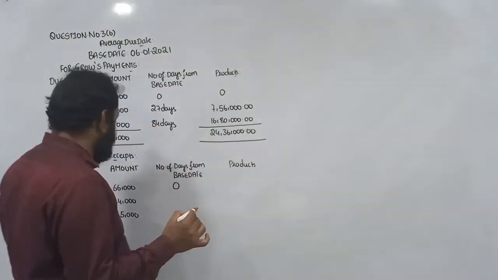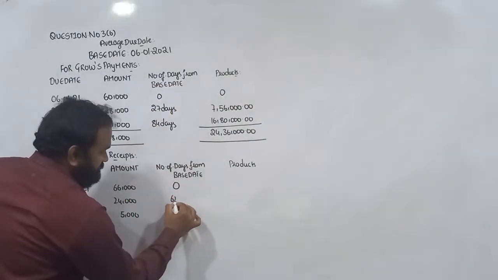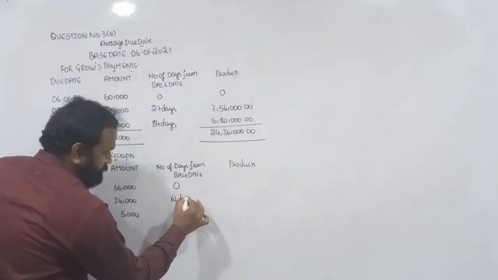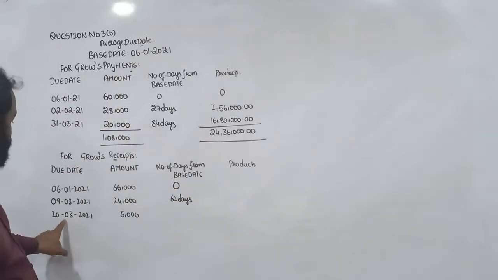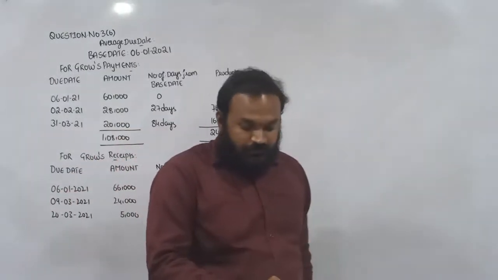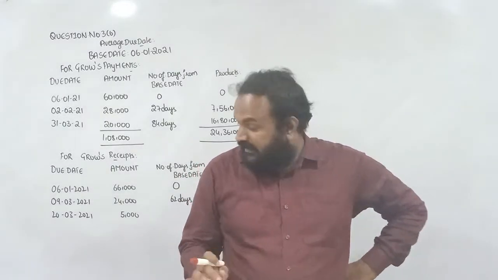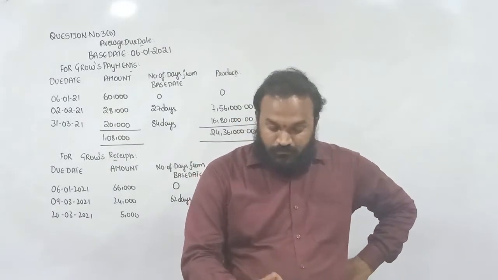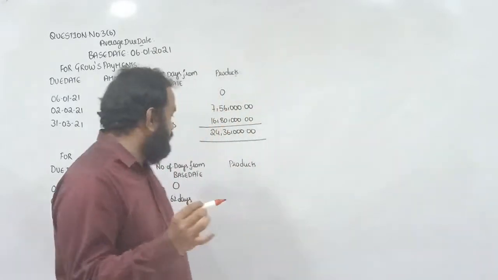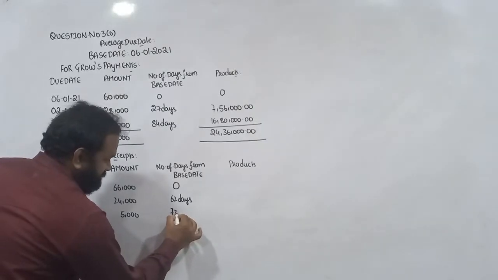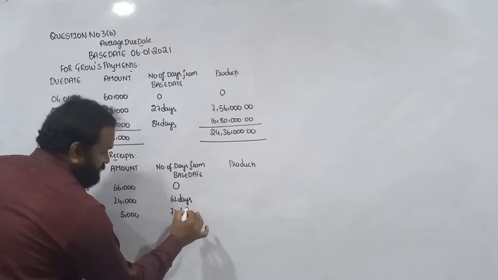Total how many days, boys and girls? It's 62 days. From 6th January to 20th March. So 25 days in January, 28 days in February, and 20 days in March. Total 73 days, boys and girls. How many days? 73 days.